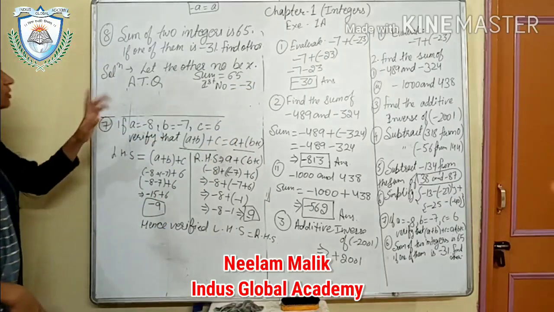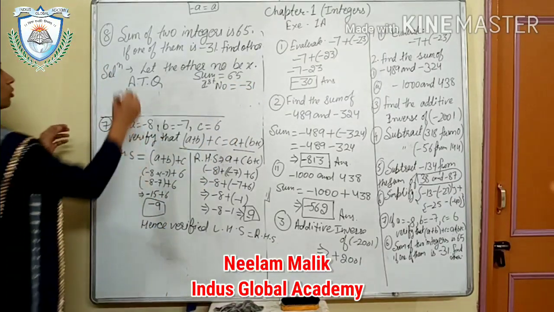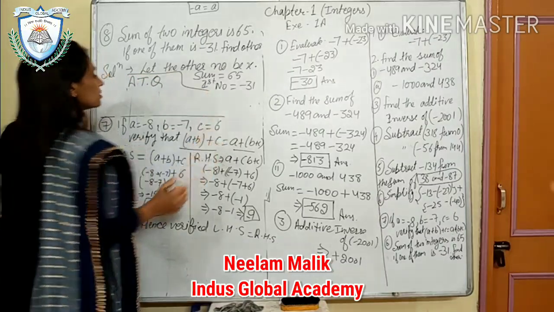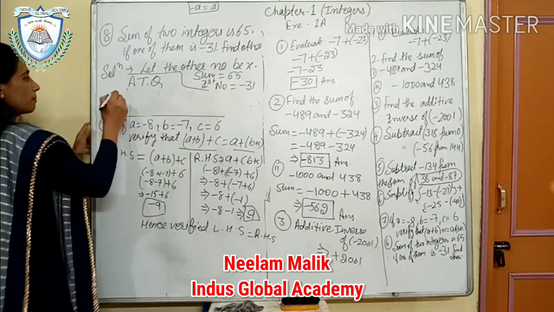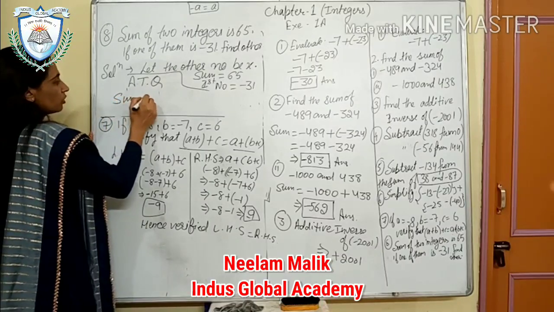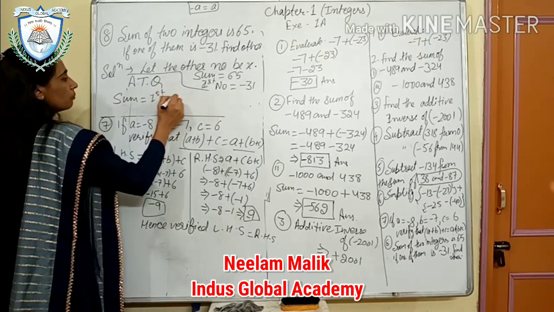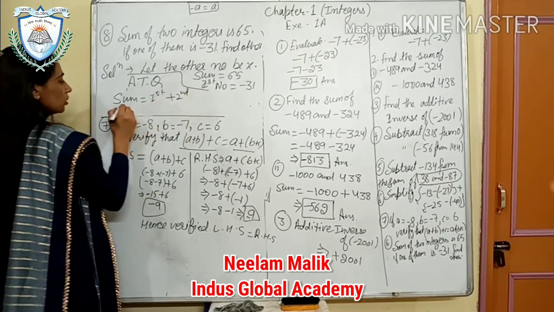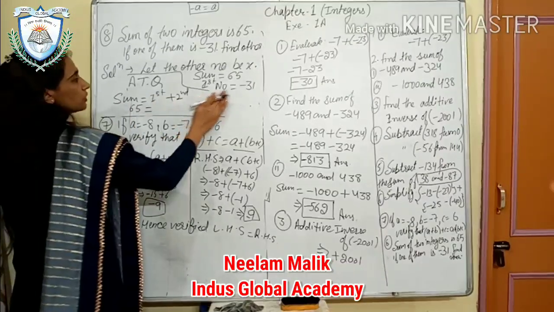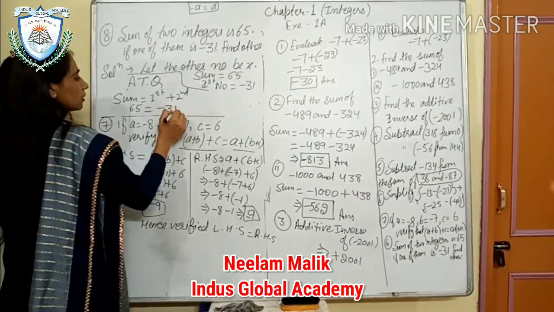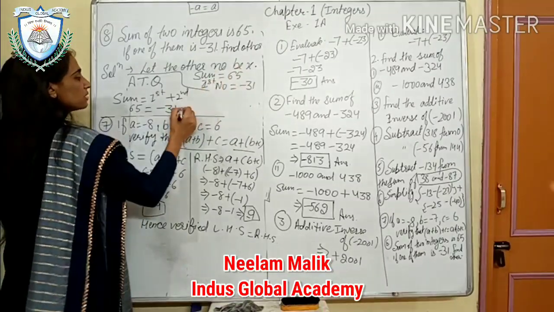So according to the question, what will the sum be? First number plus second number. The sum is given as 65. The first number is given, minus 31. The other number is x.